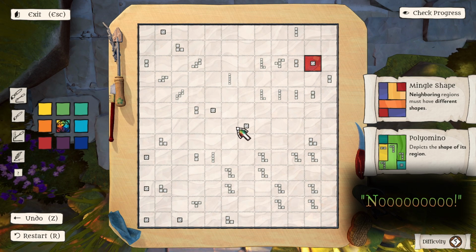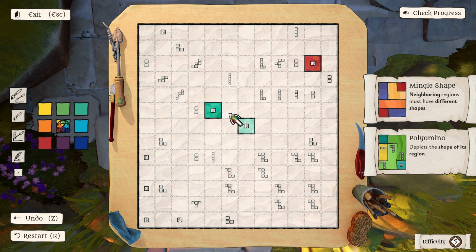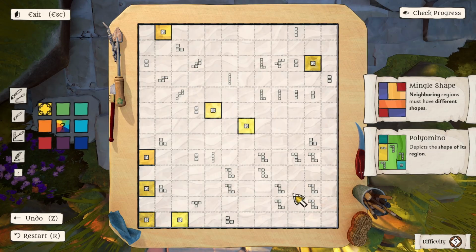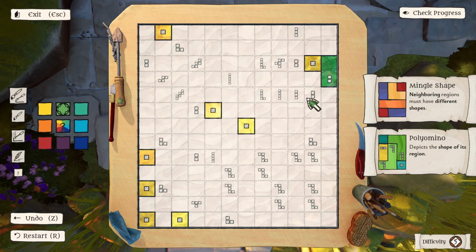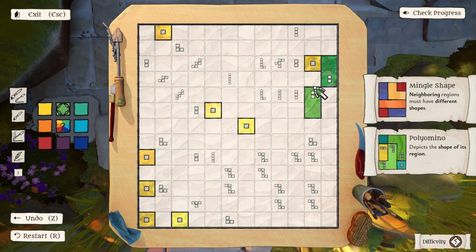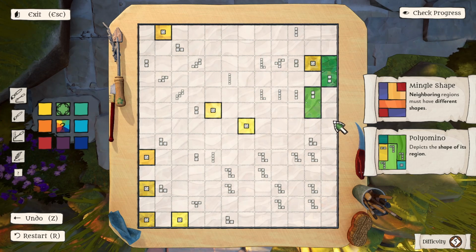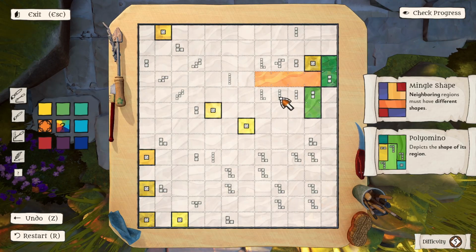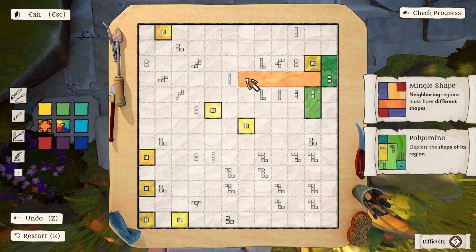I do know that all of these are singles. Now I know that it can't be that or that, so it's got to come out here.